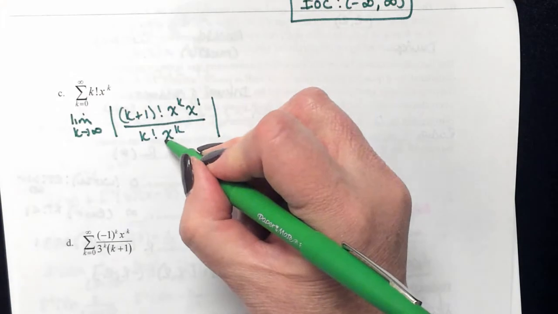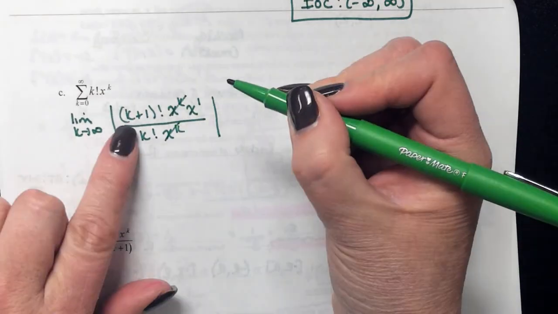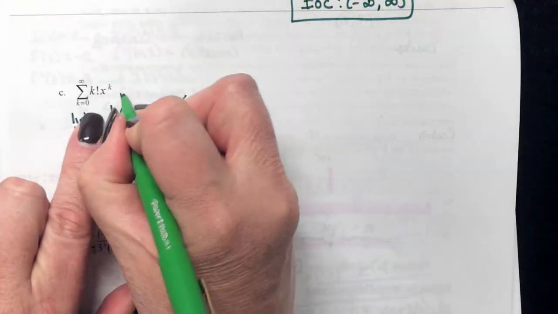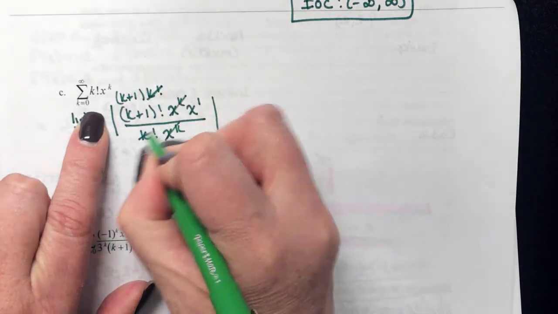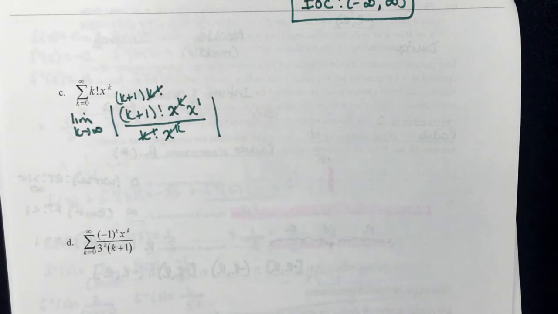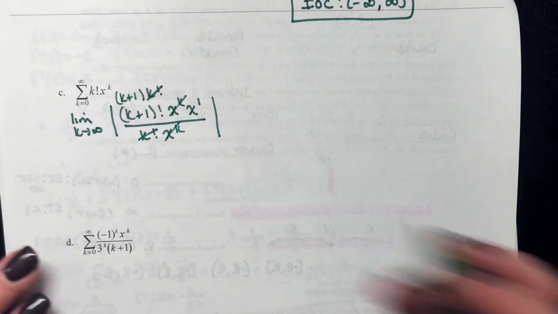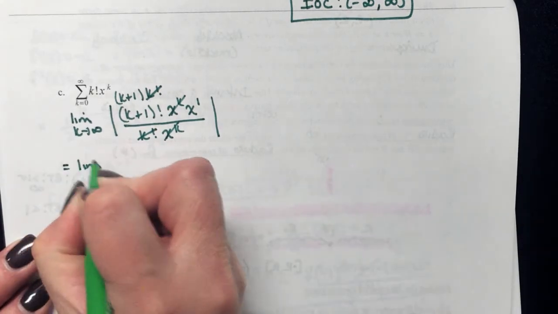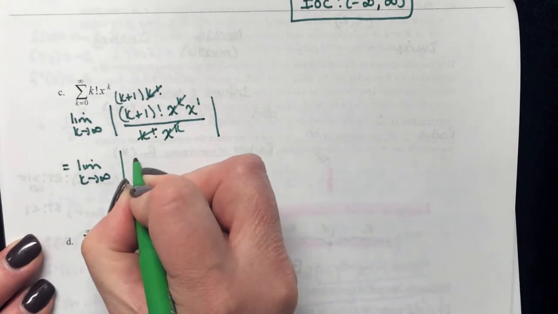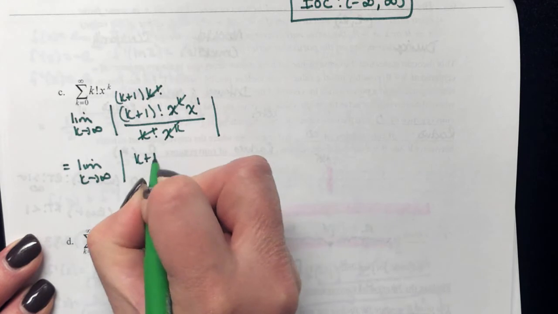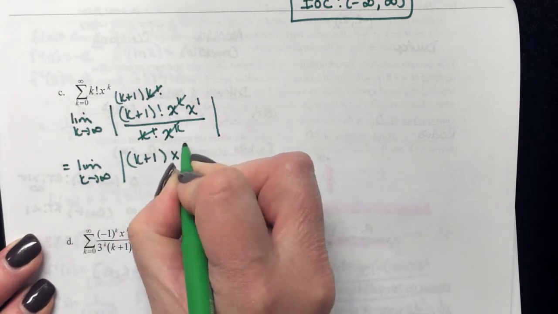Again, those x to the k's will cancel. I can rewrite k plus 1 factorial as k plus 1 times k factorial, so the k factorials will cancel. Then the limit as k goes to infinity, I'm left with the absolute value of k plus 1 times x.